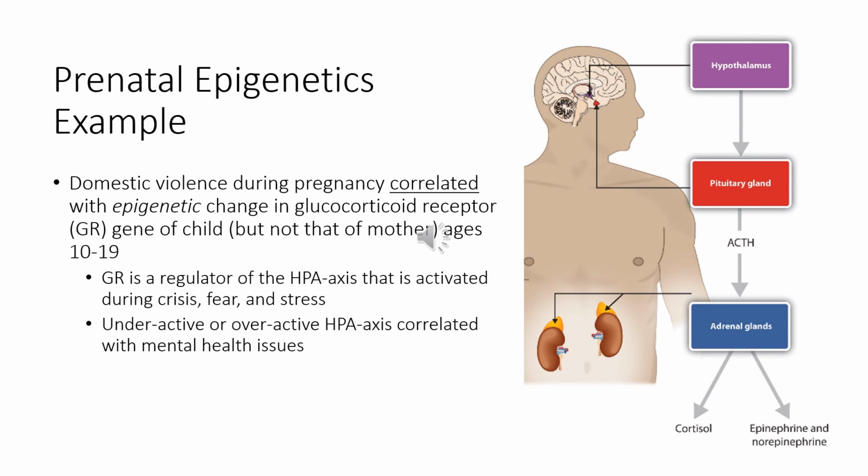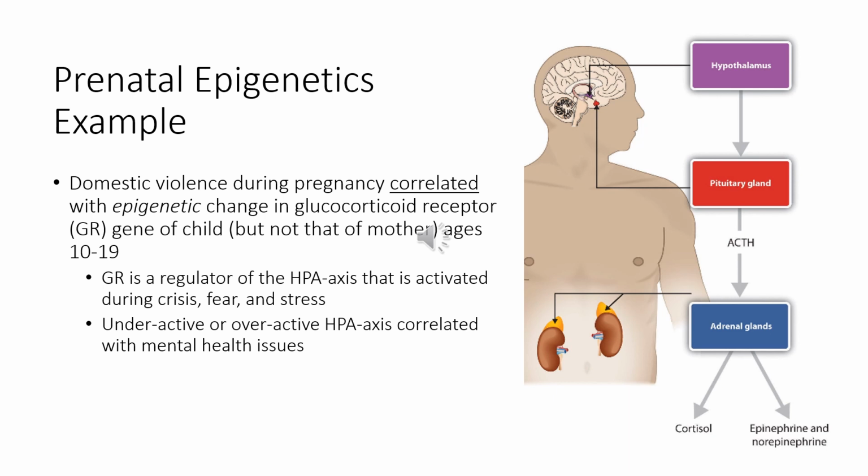And the GR gene is a regulator of the HPA axis, which you may have learned about, the hypothalamic pituitary adrenal axis that is activated during crisis, fear, and stress. And the glucocorticoid GR gene helps regulate whether the HPA axis is more hyperactive or hypoactive or kind of well regulated. And having an overactive or an underactive HPA axis is associated with mental health issues.